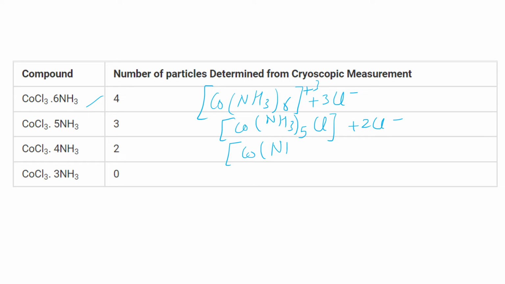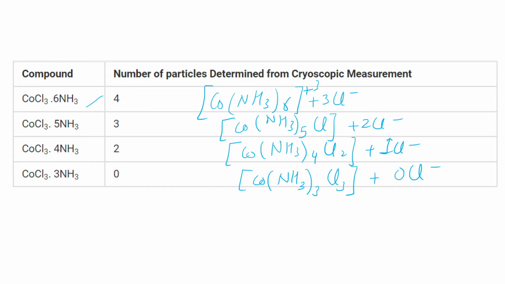So five ammonia here, and there will be four ammonia, 2Cl minus plus 1Cl minus outside. Cobalt ammonia here, in order to fulfill the six coordination, there will be no chloride ions present outside. So count the total number of ions: 4, 3, 2, 1 only.